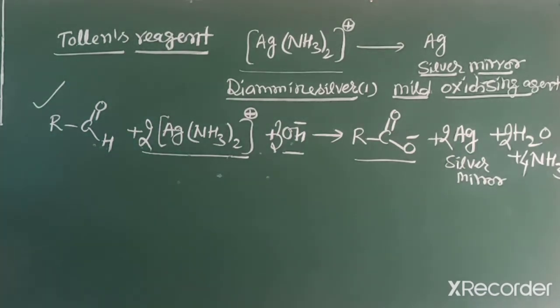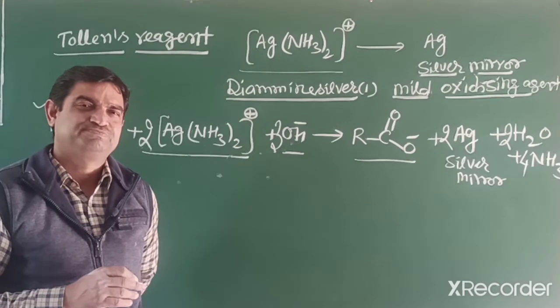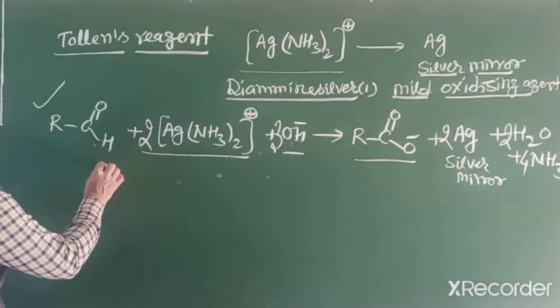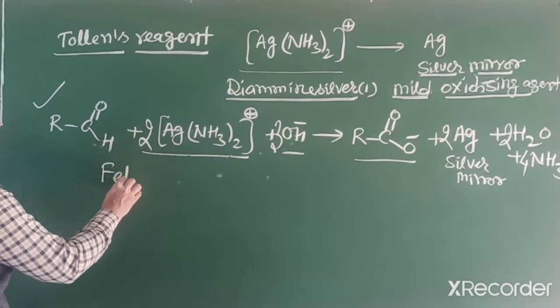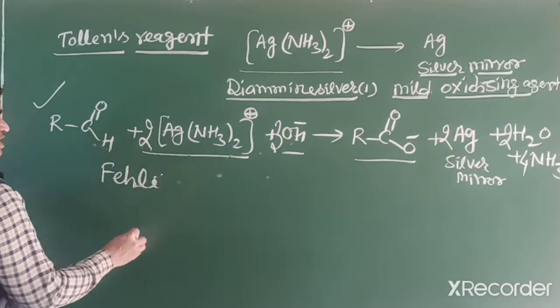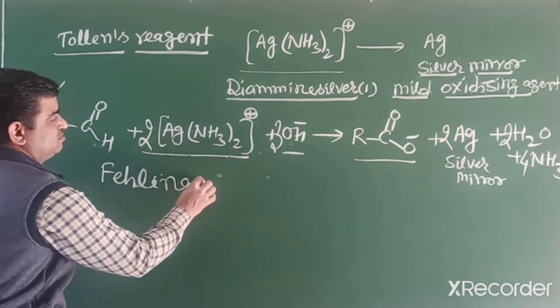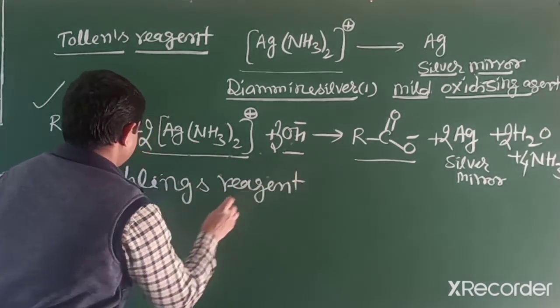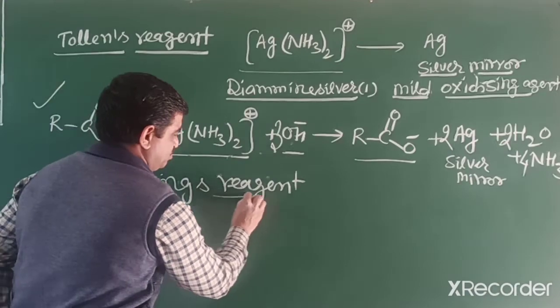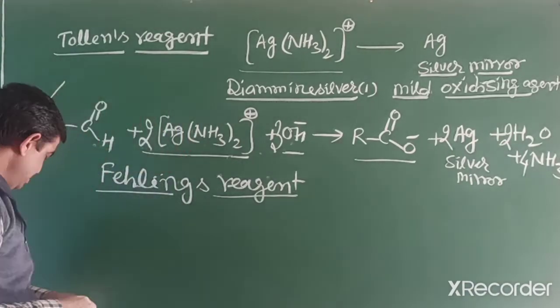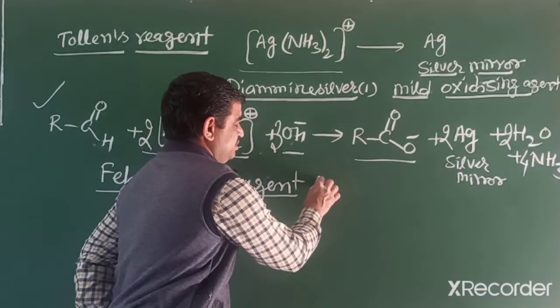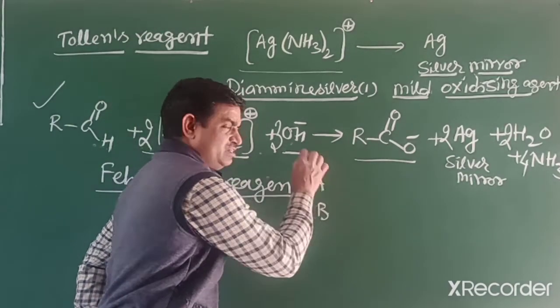Another reagent, by which we can separate aldehyde from ketones, is known as Fehling's reagent. This Fehling's reagent is also of 2 types, Fehling's reagent A and Fehling's reagent B.